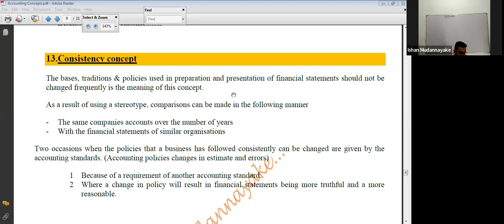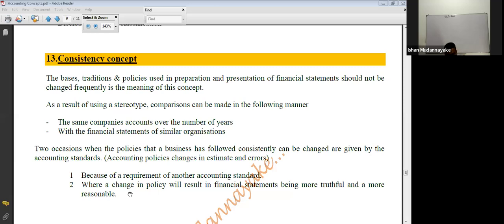Now there are two situations in which a policy can be changed. One is because of a requirement of another accounting standard. The next is where the change in policy will result in financial statements being more truthful and more reasonable, showing financial statements in a better manner than the available condition.